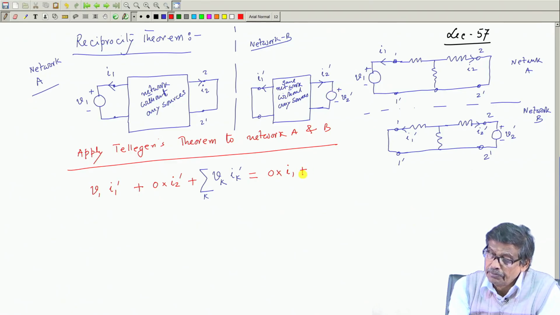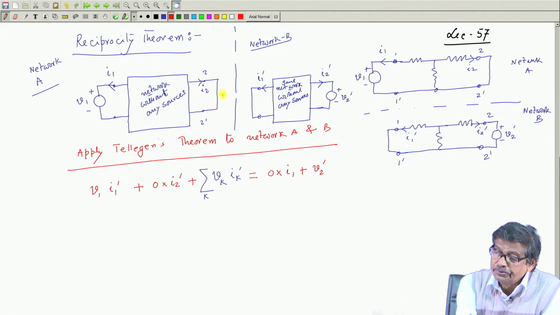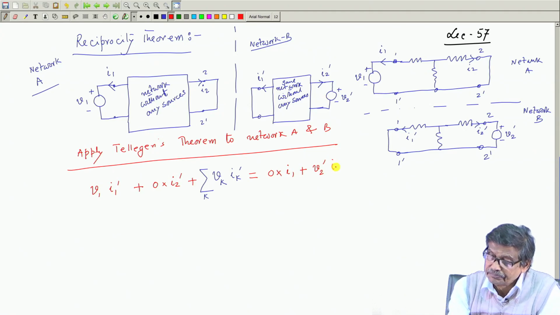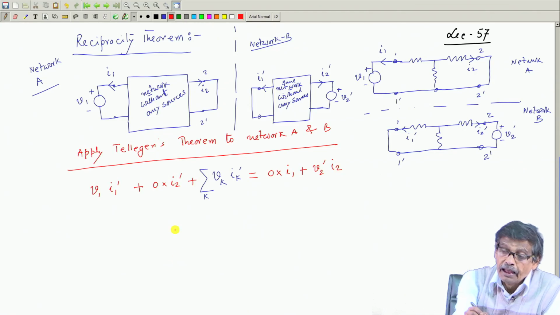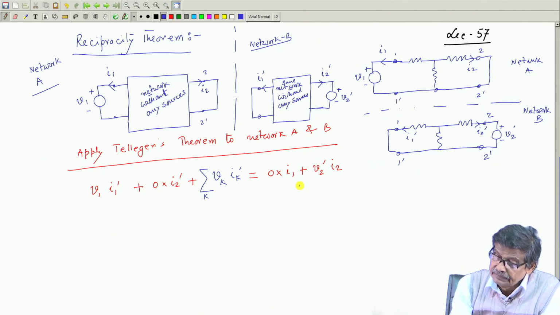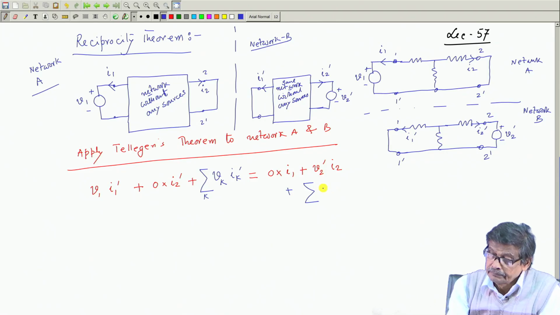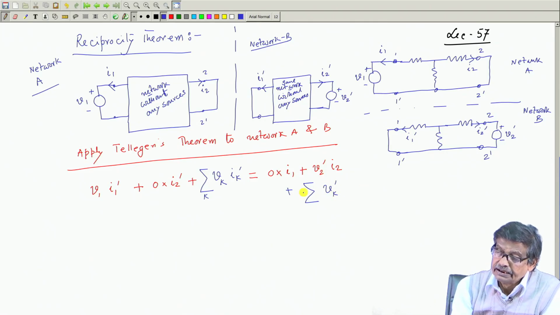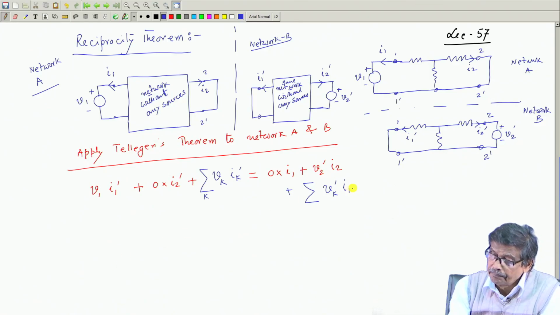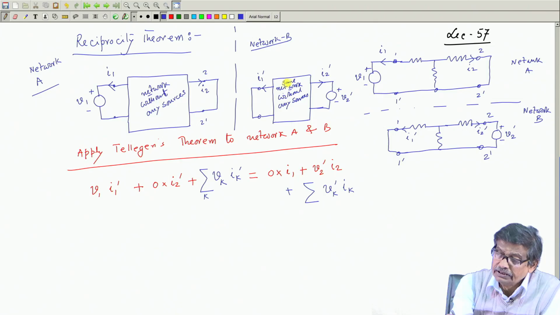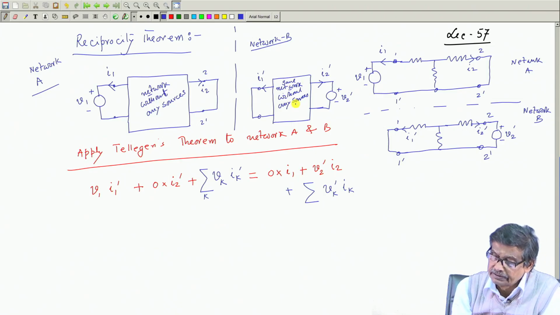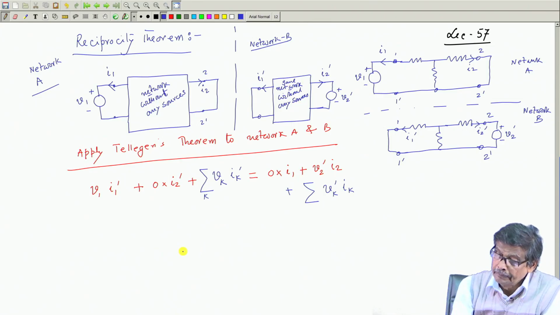first write, that will be V 2 dashed into I 2 plus V k dashed into I k summed over all the elements here in the network present, okay, summed over k.